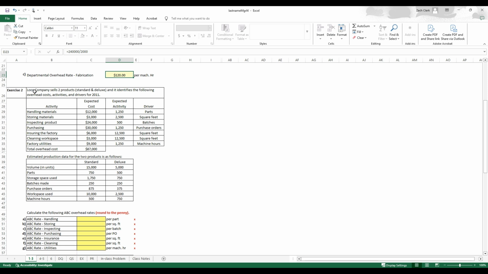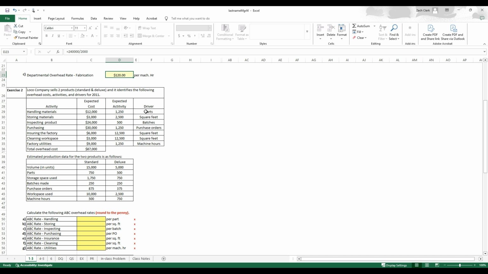So in exercise 2, we have a different company here. Loco Company sells 2 products, standard and deluxe, and it identifies the following overhead costs, activities, and drivers for 2011. And so here we can see expected costs, different activities, and expected drivers, and these are speaking to the activity.